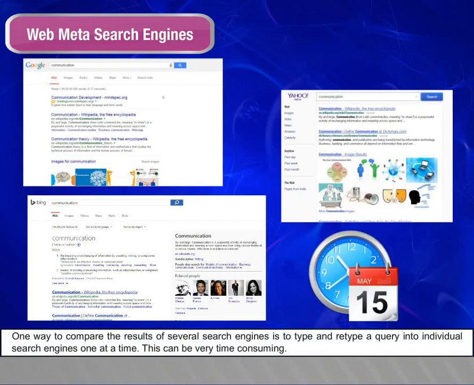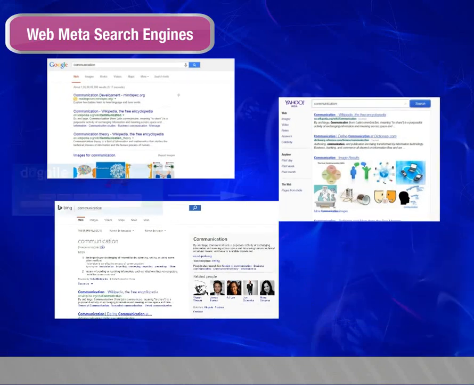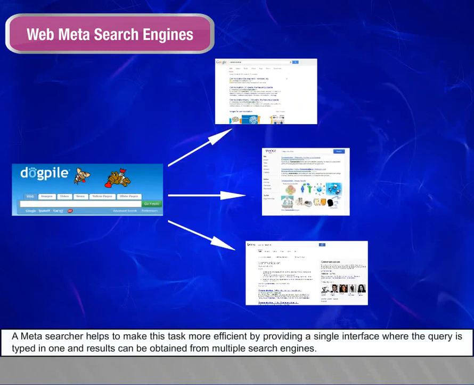One way to compare the results of several search engines is to type and retype a query into individual search engines one at a time. This can be very time-consuming. A meta searcher helps to make this task more efficient by providing a single interface where the query is typed in once and results can be obtained from multiple search engines.